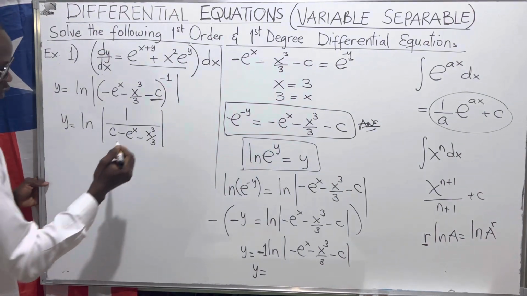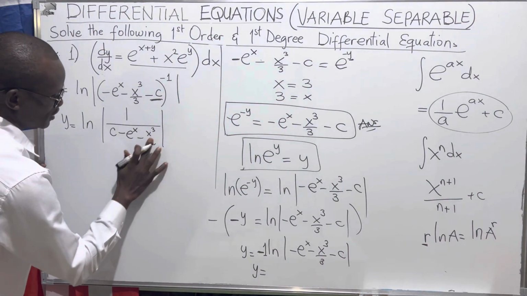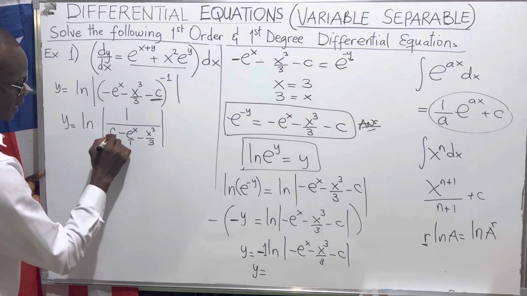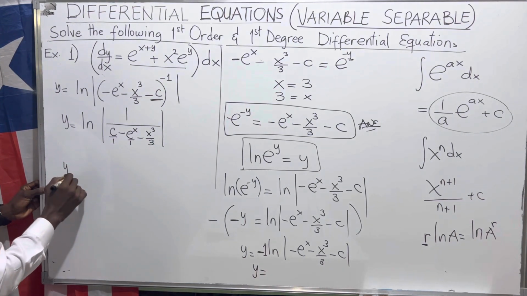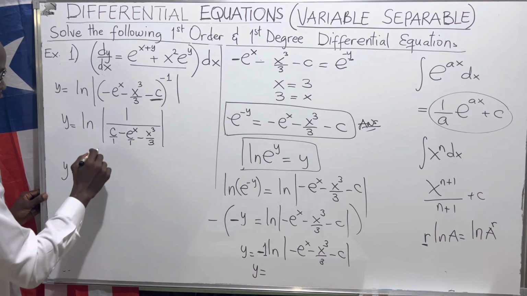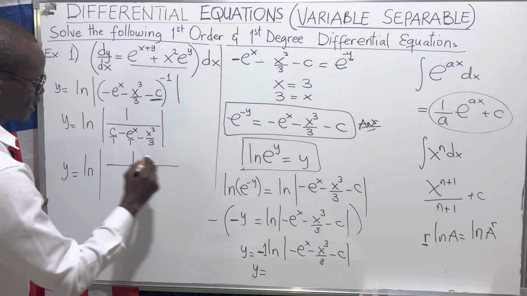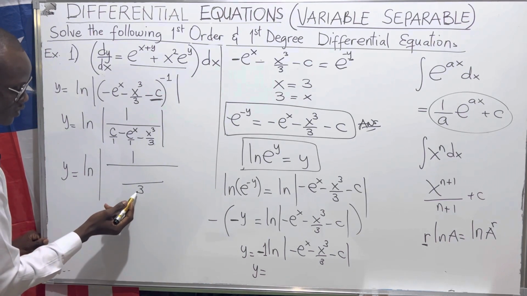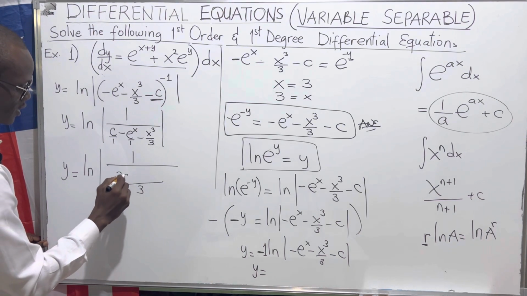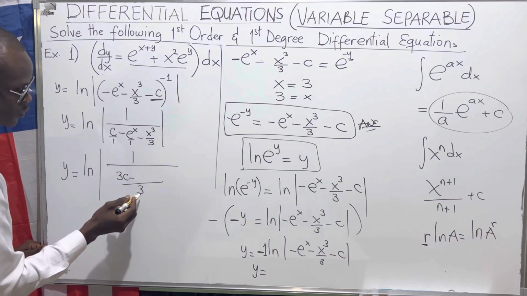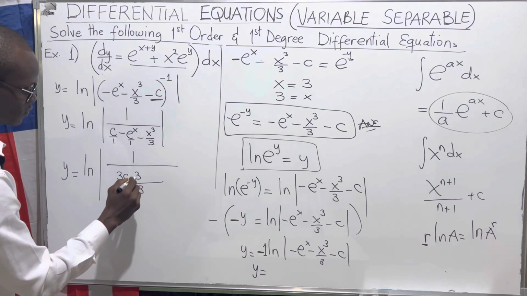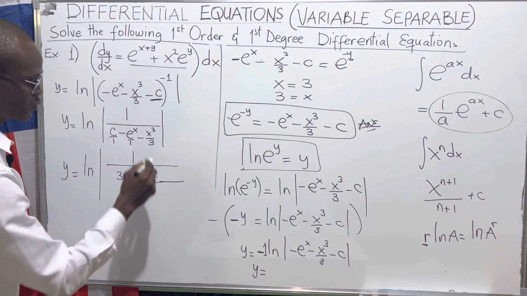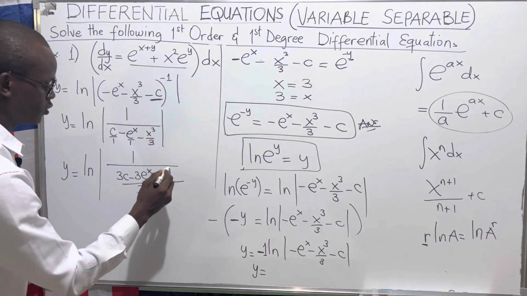So look here now, there is a denominator here which is 3, and so you can express these guys over 1. So y now equals the ln of 1 all over. Now down here, we can find the LCD, which is 3. 1 goes into 3, 3 times c is 3c, minus 1 goes into 3, 3 times this is 3 e raised to the power x. And then 3 goes into this, 1 times x cubed is x cubed.